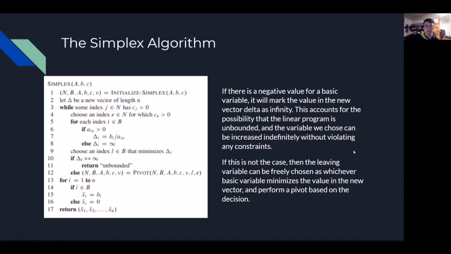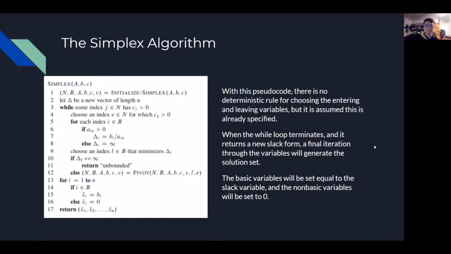And then that will be how we decide to pivot. But with this pseudocode, there's no deterministic rule for choosing the entering variable, besides the goal of picking a good leaving variable. What this code assumes is that it's already specified beforehand.